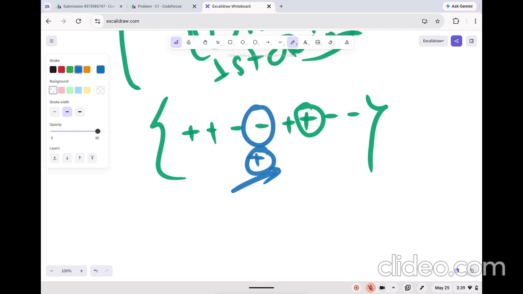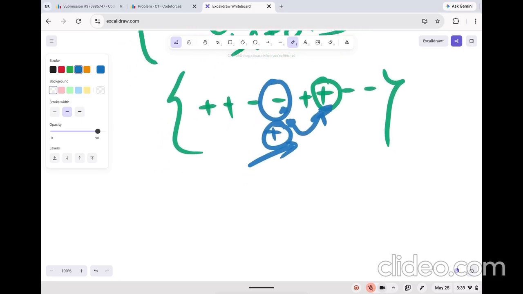Now you tell me, if I know that if at any given index I have a positive number after that, then I know for sure that I will be using that positive any given day. Are you getting it? Let's say I had minus minus plus plus, right? Then I'm pretty sure that if after a minus I get a plus, this plus will be converted into minus, and my minus will be converted into a plus because of this positive number.